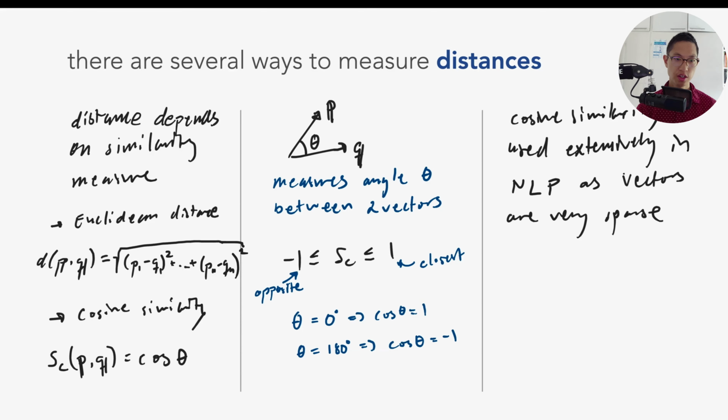Cosine similarity is used extensively in NLP as vectors are very sparse. There's a lot of zeros when it comes to languages. I will just talk about this now, but later on when we come into LLMs and natural language processing, I'll tell you how we actually go from text to vectors.